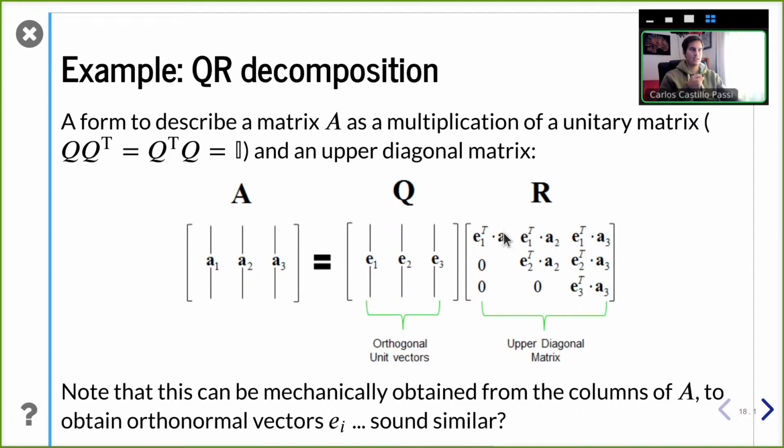That's why it's denoted as an upper diagonal or upper triangular matrix. So we saw something to calculate, from a collection of vectors A1, A2, A3, orthogonal vectors E1, E2, E3. Right? It was called the Gram-Schmidt procedure. So basically this QR decomposition is doing the same.